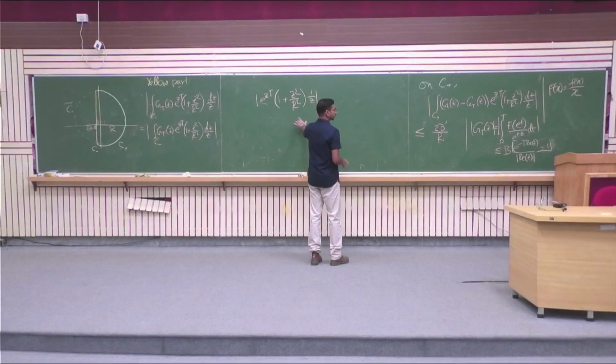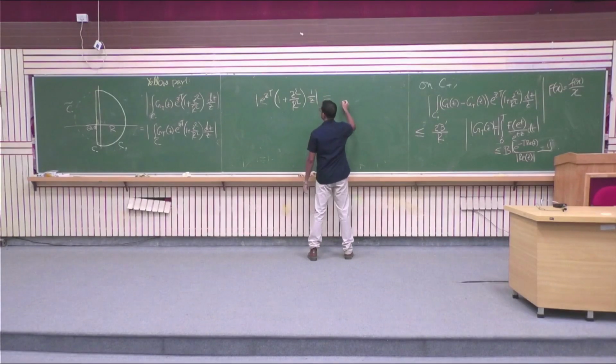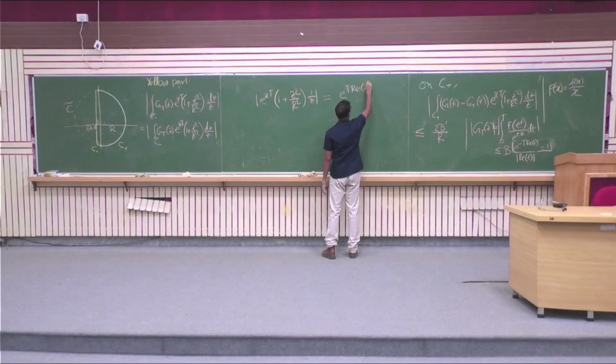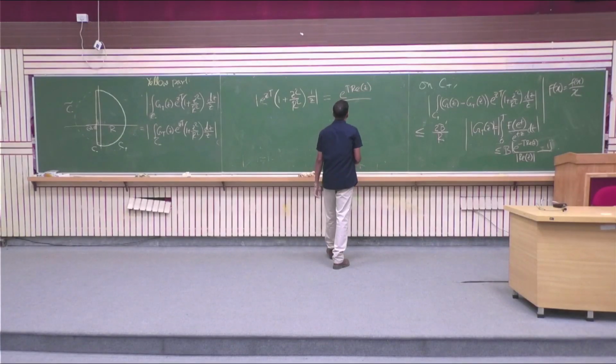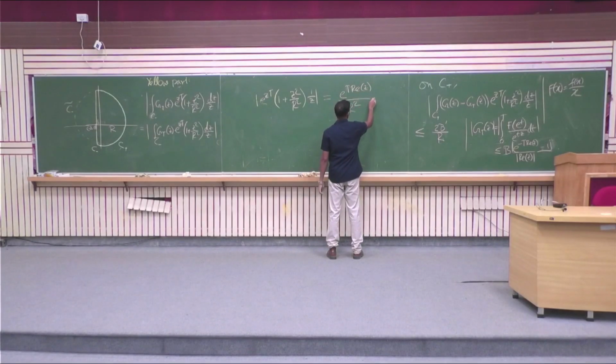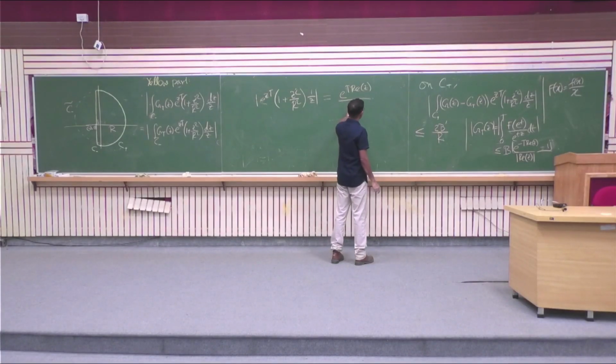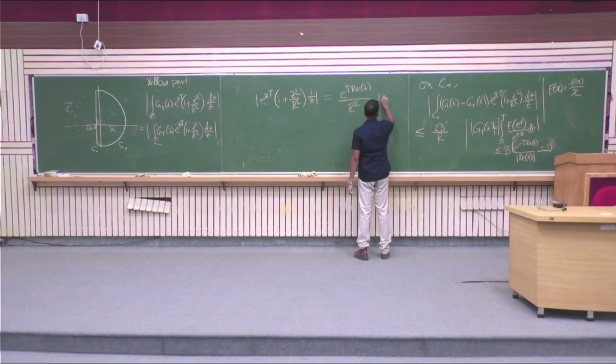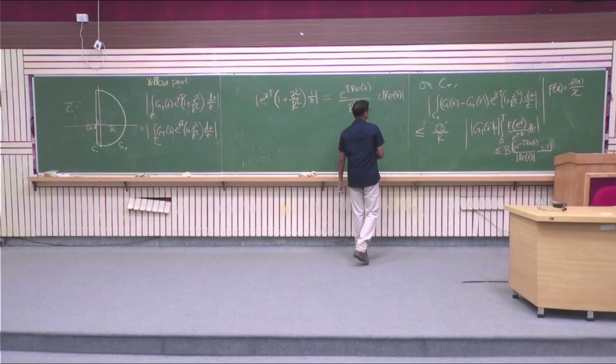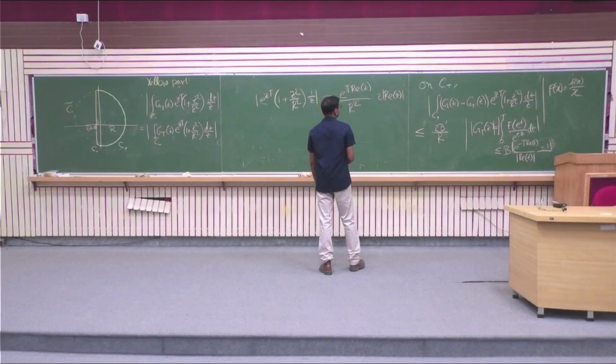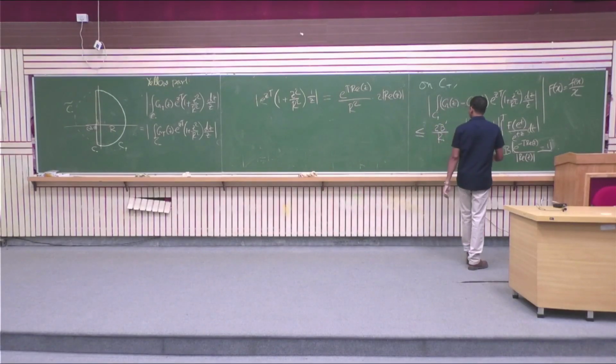This one was exactly what? E power real part of t times real part of z divided by r squared, right? And r squared times real part of z, right? Two real part of z, right?